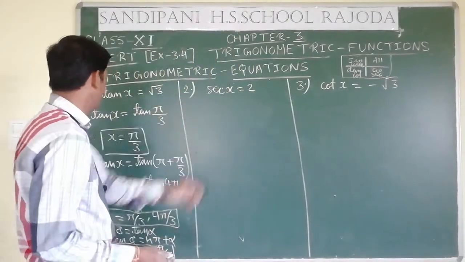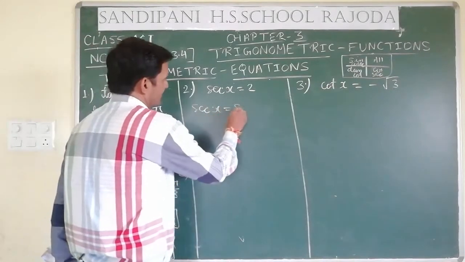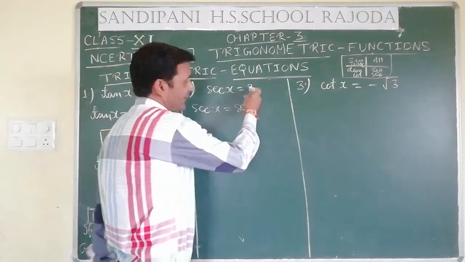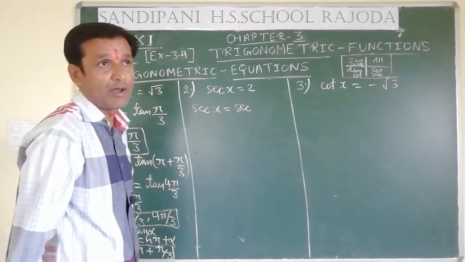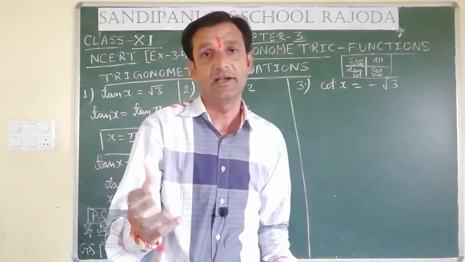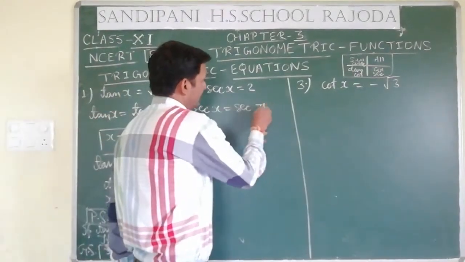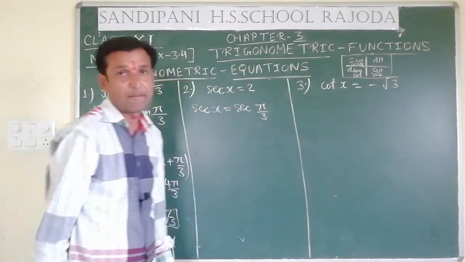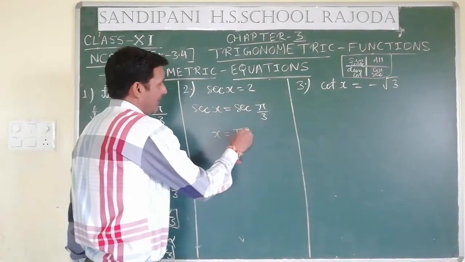Here sec x is equal to 2. So sec x is the reciprocal, cos is 1 by 2, which is at 60 degrees only. So sec x is equal to sec pi by 3, we can say. So we concluded x is equal to pi by 3.